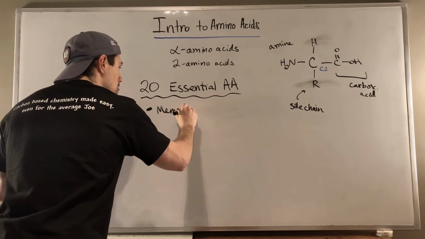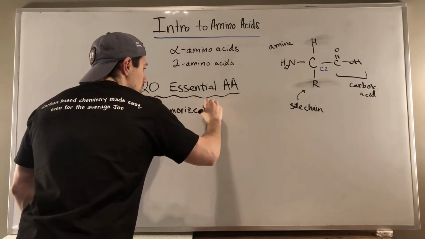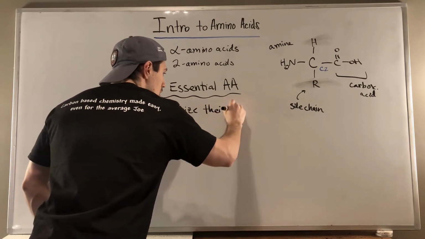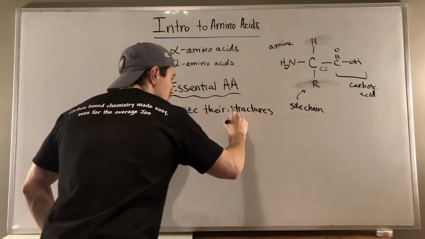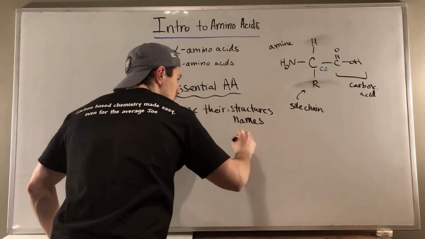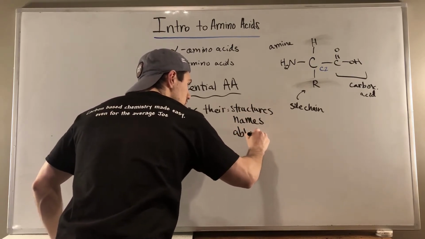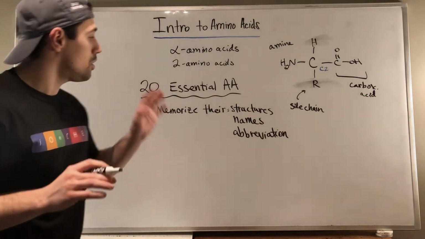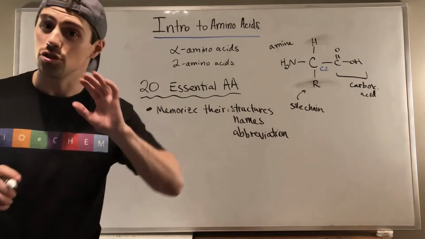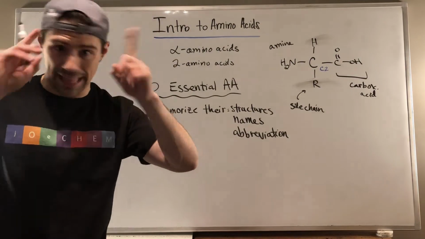memorize their structures, the names of them. There are things called abbreviations. You should know those as well. So it is annoying, know all 20, be able to just draw them. If I say alanine, you should know what that looks like.